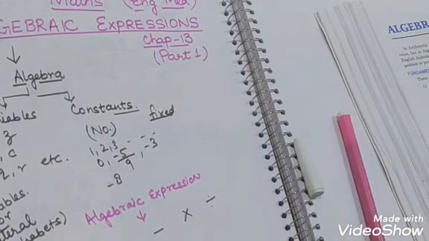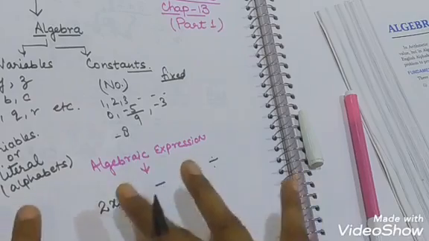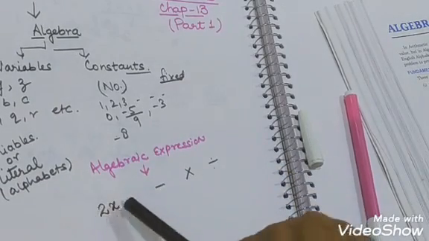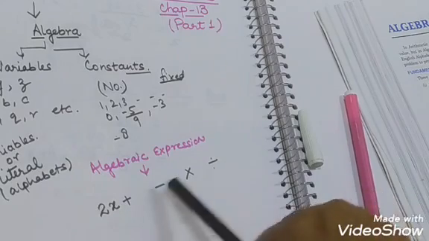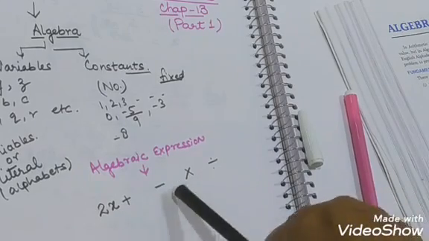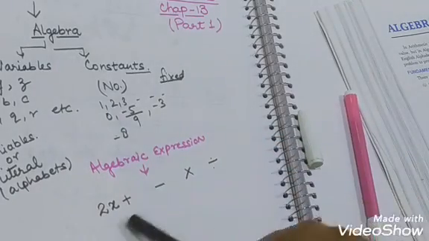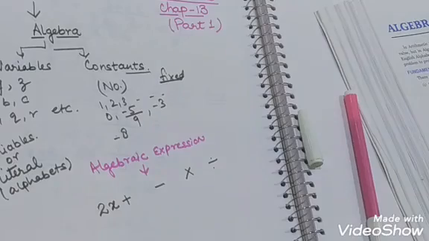So if any expression contains numbers with variables together with any one of them, or any two, or any three, or all of the operations, then such an expression is called an algebraic expression.